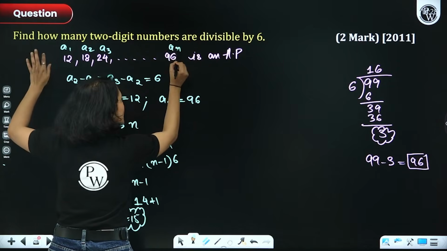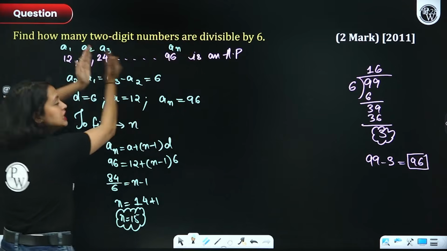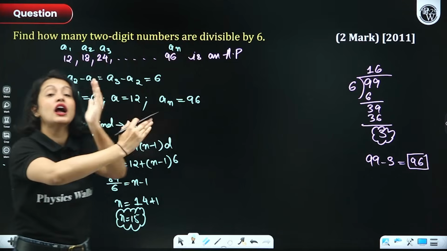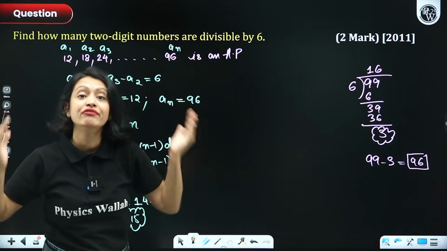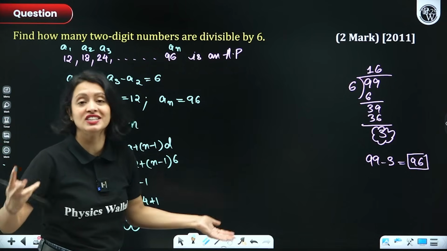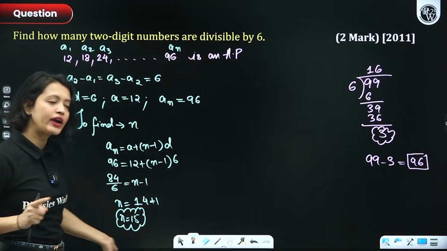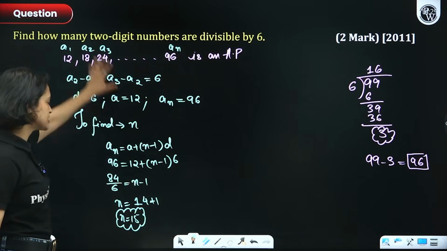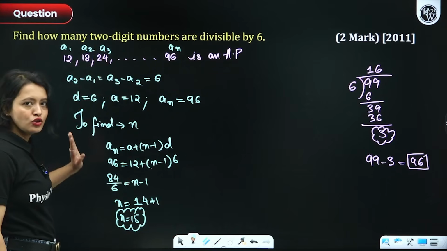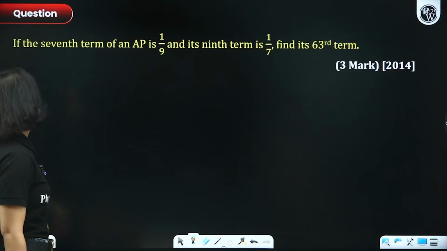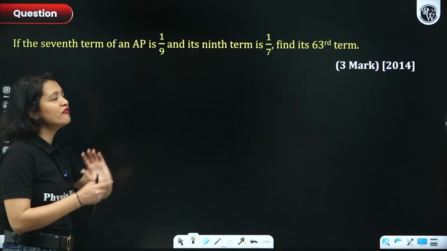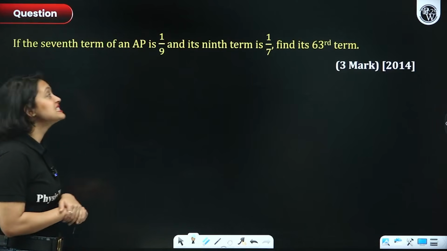So if I figure out n, I figure out the total terms in this AP. That means I figure out the total 2-digit numbers that are divisible by 6. Okay? So remember, in such type of problems, you have to form an AP.